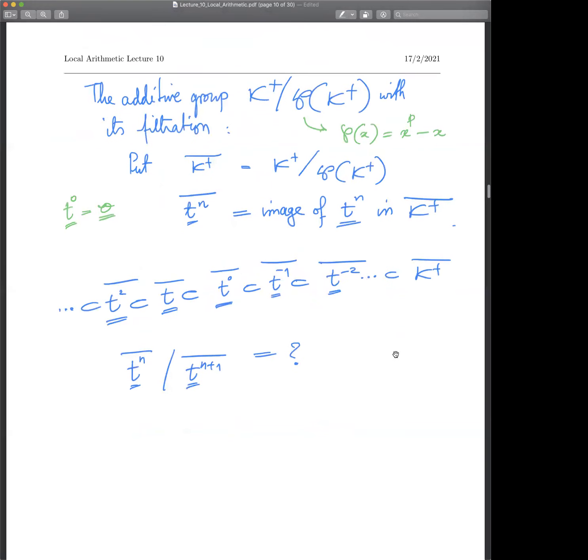And now I have to talk about the additive group K plus and the map P of X. It's a pity that I'm not able to write on the board, because this P is not to be confused with this P. I cannot pronounce the two P's differently.